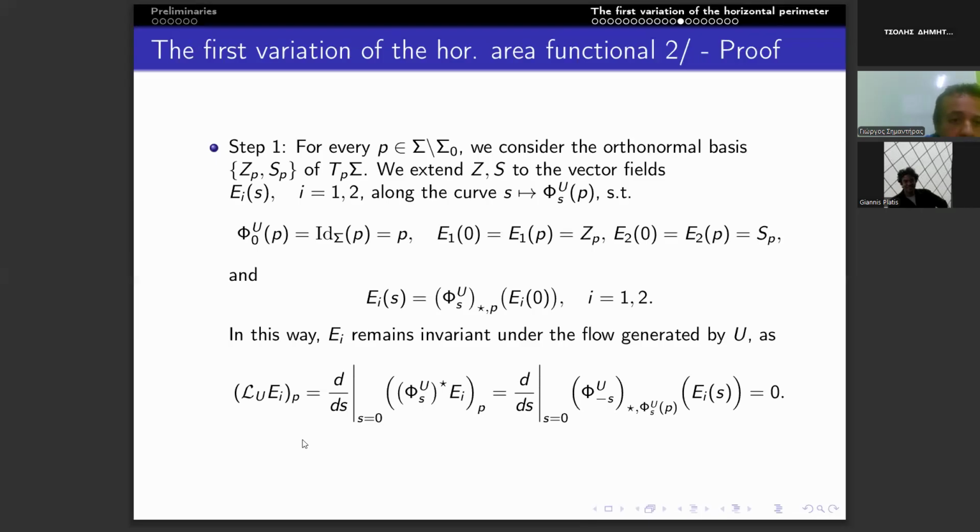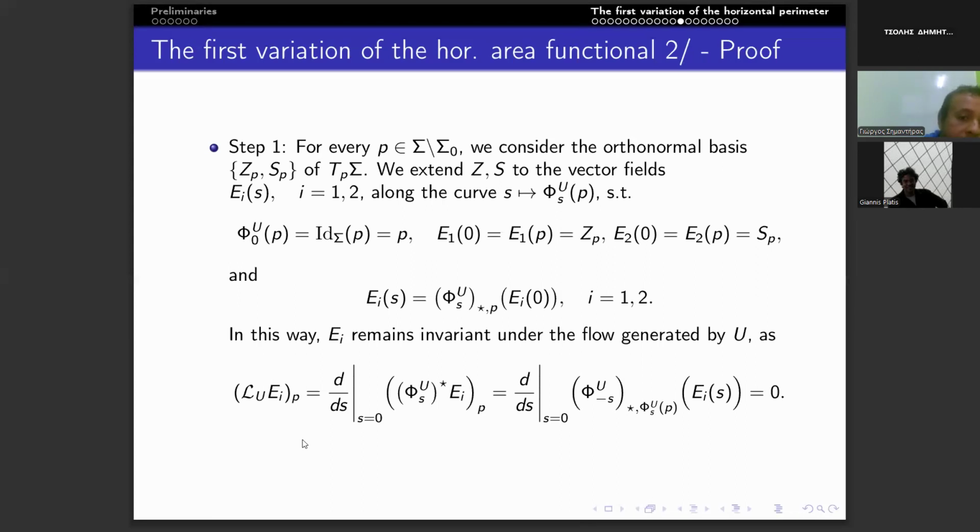The proof has some steps. We can describe just a sketch of the proof in 2 steps. So we have in the first step that for every non-singular point, we start with an orthonormal basis of the tangent plane, the basis ZP and SP we described previously.